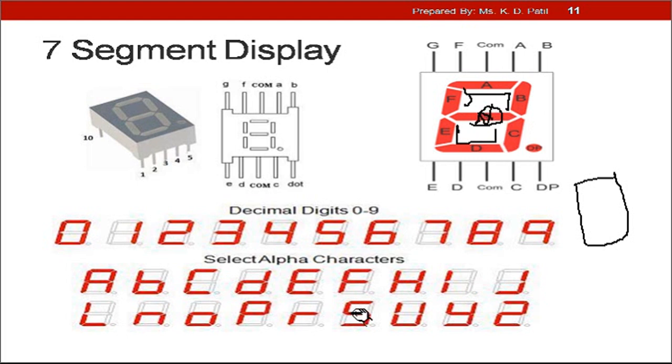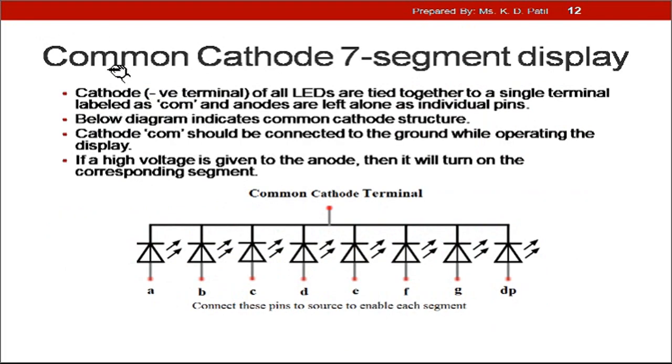Now, how to configure? Let us see. This is a common cathode 7-segment display. In this display, the cathode, that is the negative terminal of all the LEDs, is common. If you observe, this is the negative terminal.